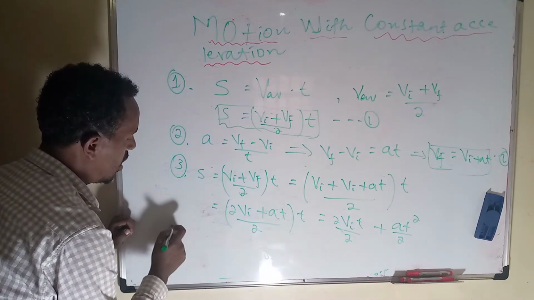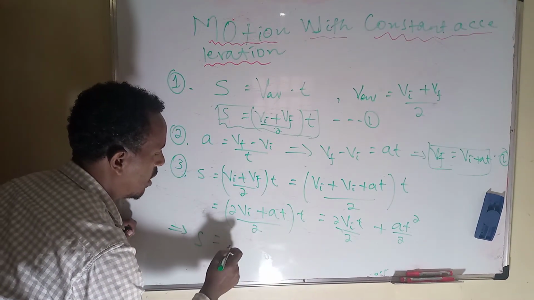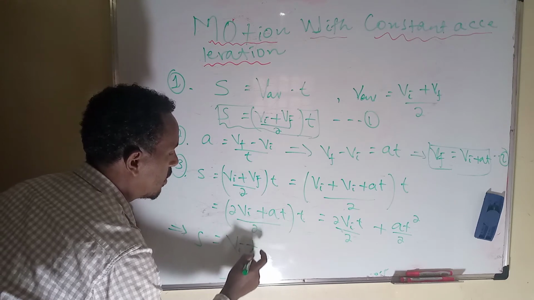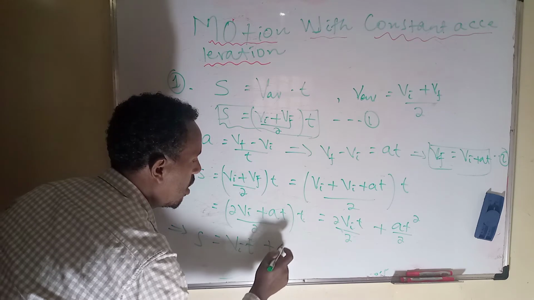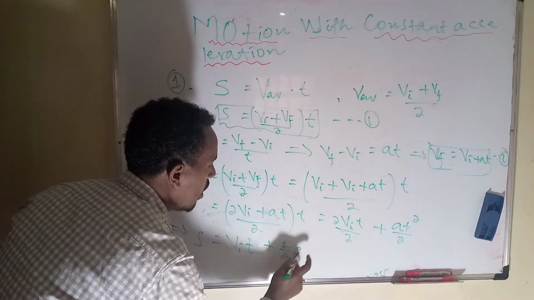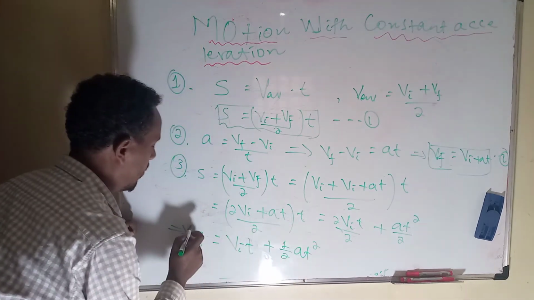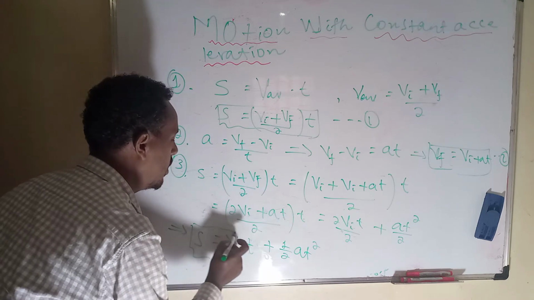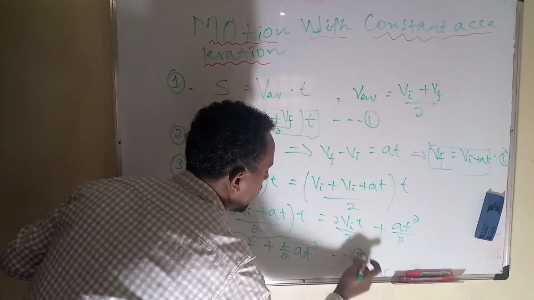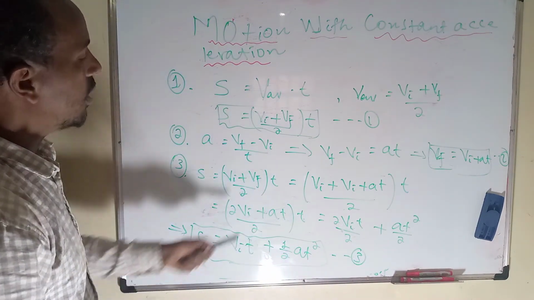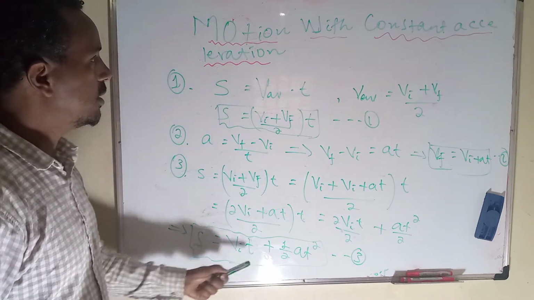So s is equal to initial velocity times time plus 1 over 2 at square. This is the third fundamental kinematics equation.